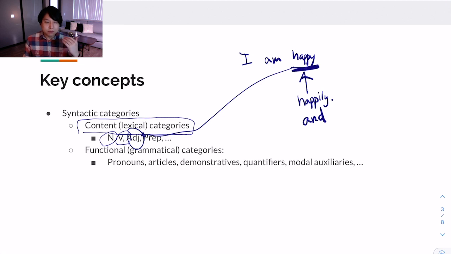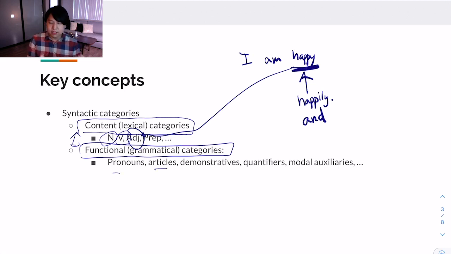where they're compared to functional categories, or also called grammatical categories, which include pronouns, articles, demonstratives, quantifiers, modal auxiliaries. These categories do not have its lexical meaning. It exists only for some grammatical purpose. It's usually smaller than those content categories words. So it's usually like a few letters, a few segments of sounds. For example, in pronoun, you have he, she, it, they.